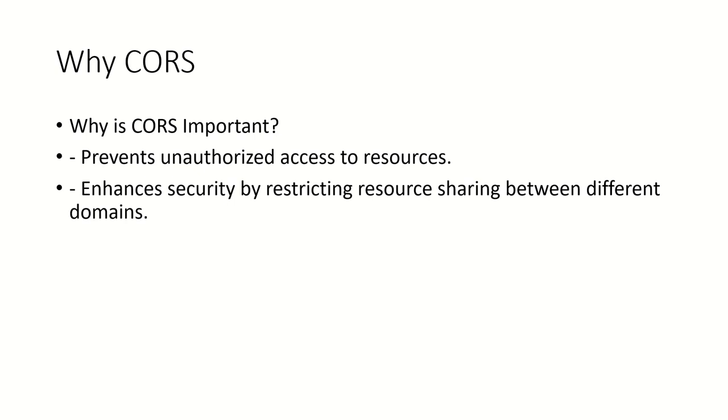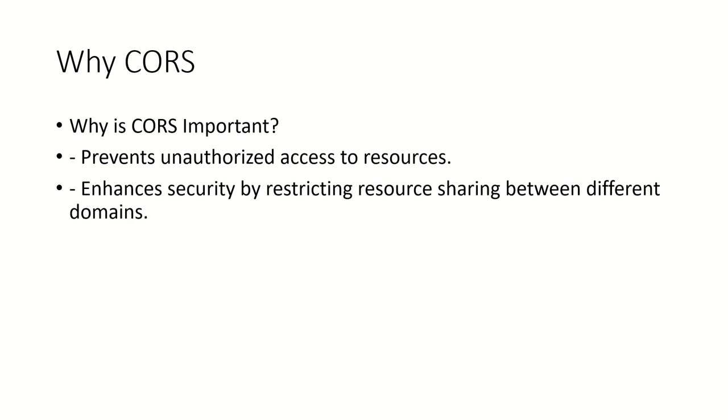Now why are we using CORS? Why is it important? It prevents unauthorized access to the resource. So let's say the front end wants to consume the backend APIs. In that case, the backend should allow the front end to consume those APIs, right? So the backend should allow this origin to have access to the backend APIs.